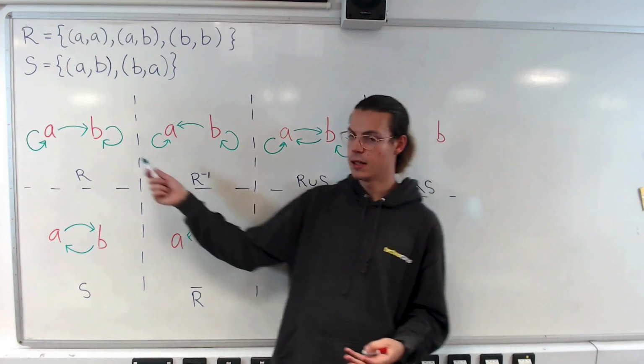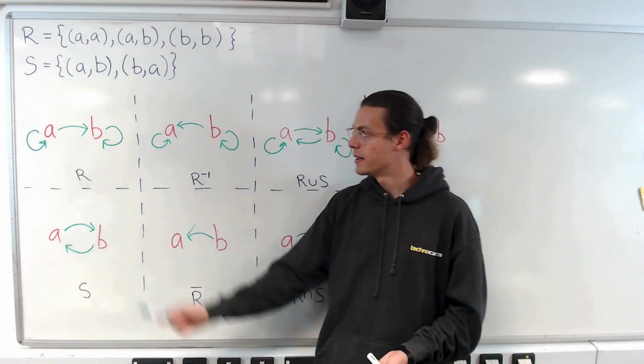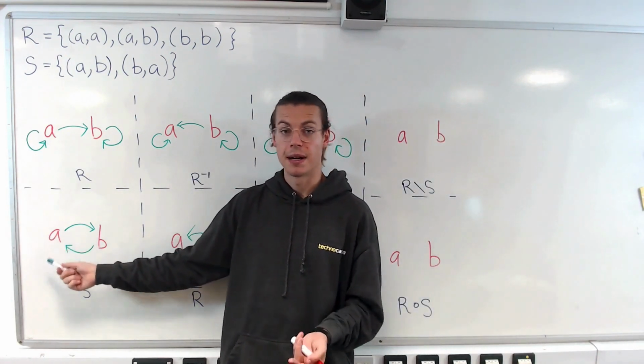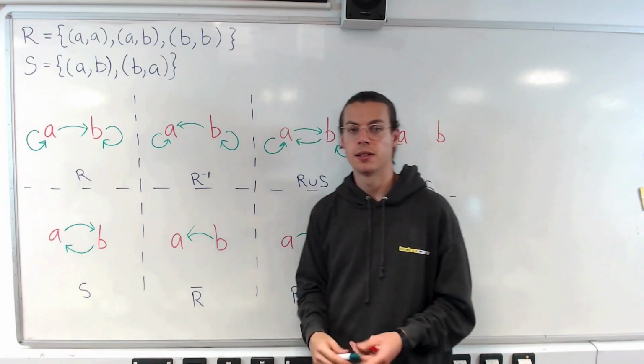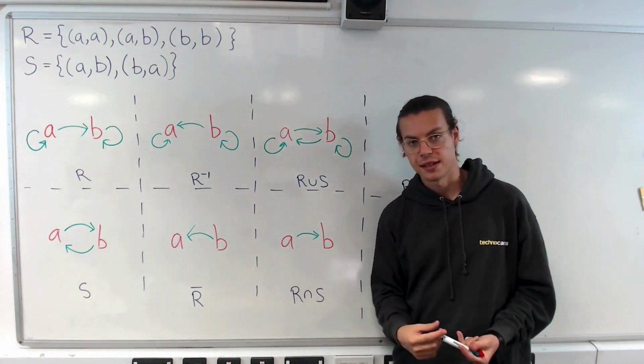And that's it. A is related to itself by R, but not S. Likewise with B. And B is related to A by S, but not R. So none of these are in the intersection. So we're done with the intersection.